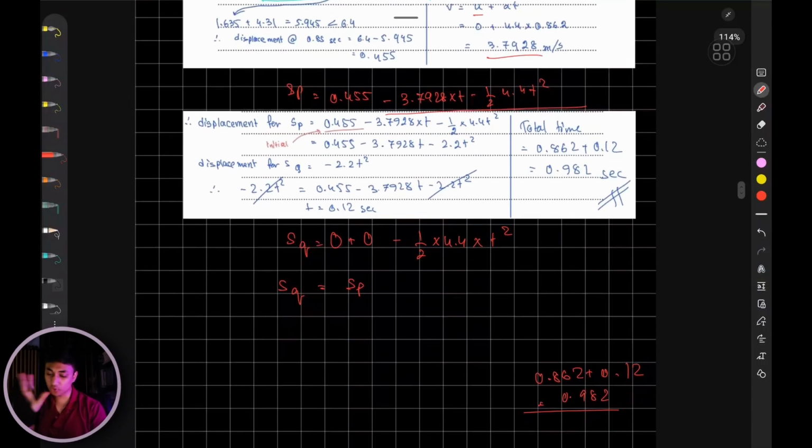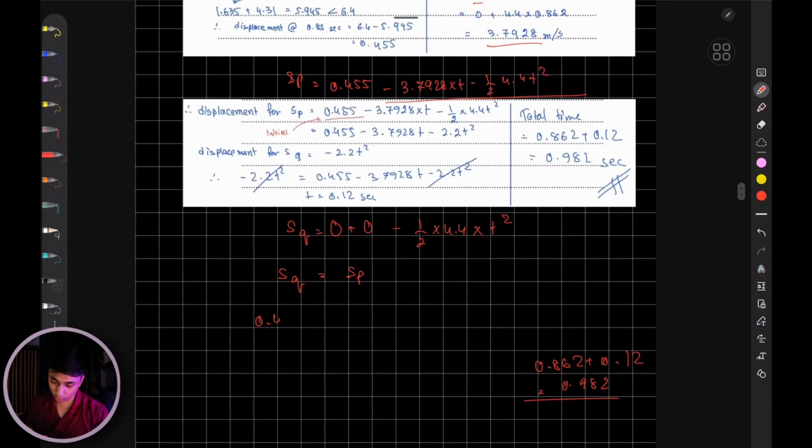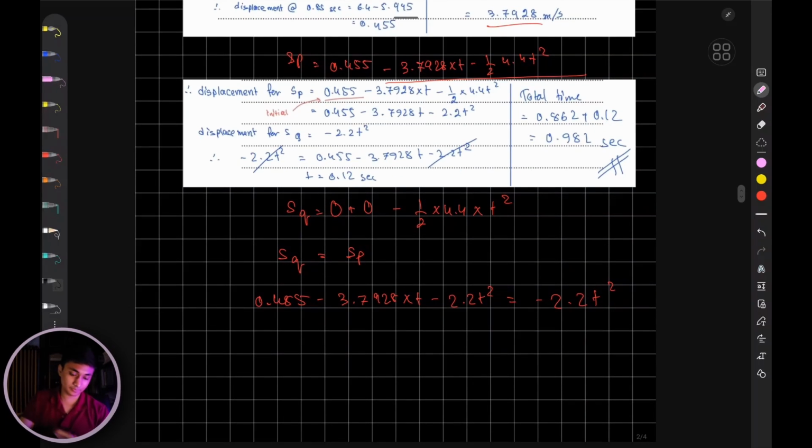Therefore, if I equate both of these equations together, I'm going to get 0.455 minus 3.7928 times t minus 2.2 t squared is equal to, in case of SQ, minus half 4.4, which is 2.2 t squared. Now notice one thing.